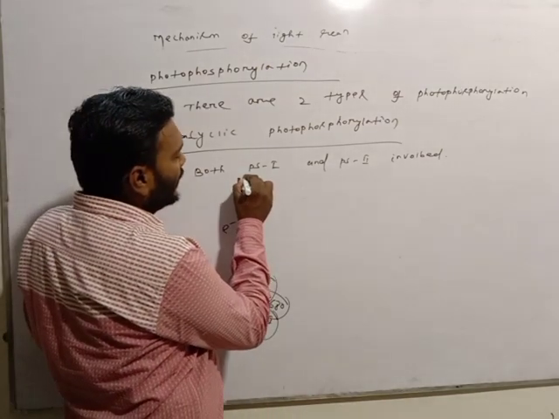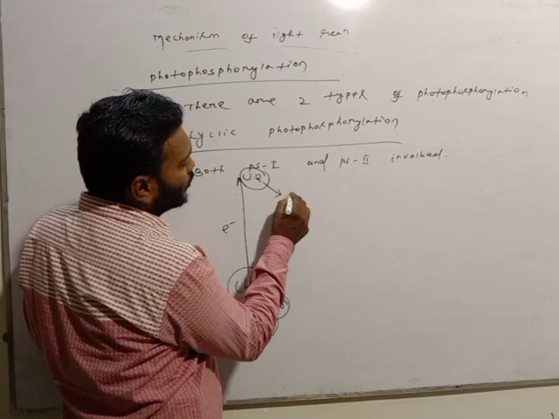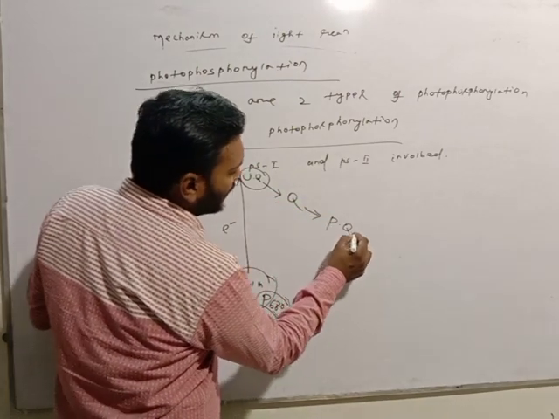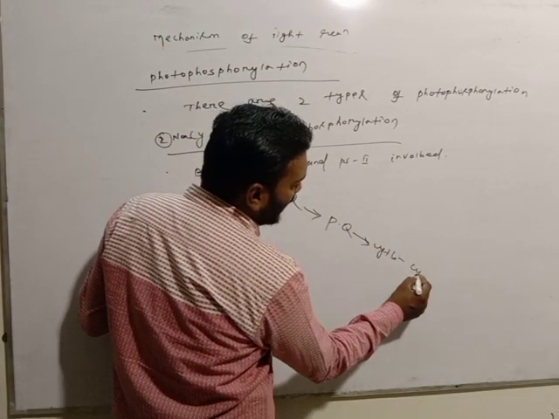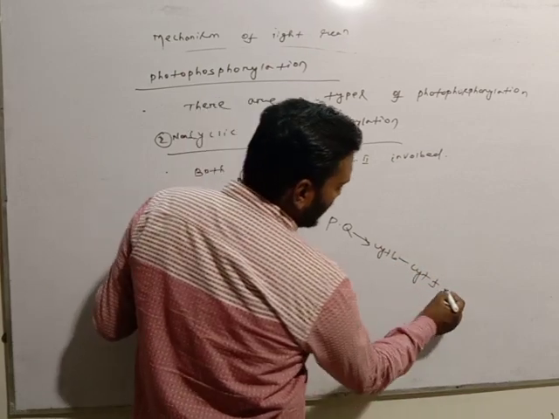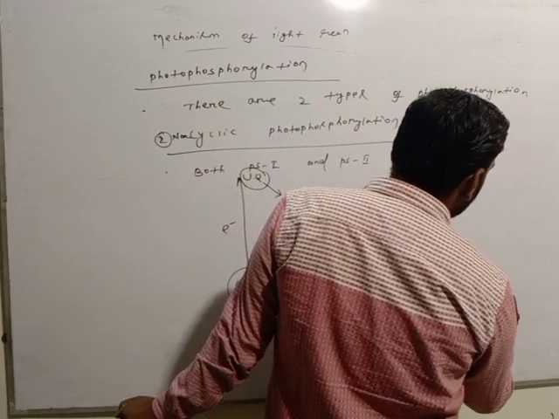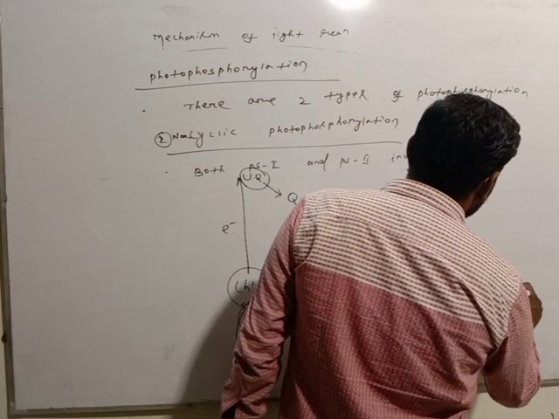That electron is carried by ubiquinone, then to quinone, then to plastoquinone, then to cytochrome B, then to cytochrome F, then to plastocyanin, then to PS1, that is P700.